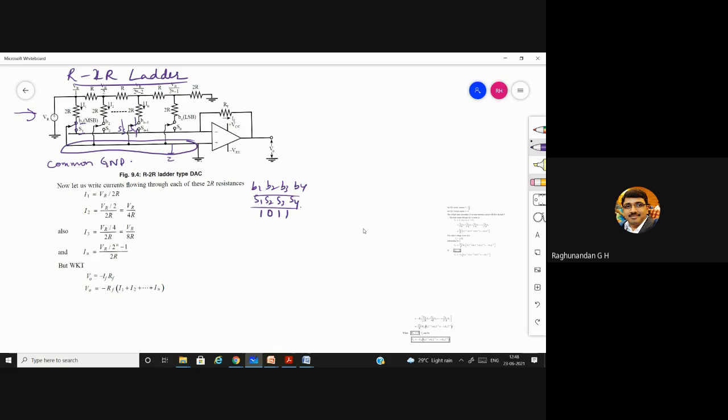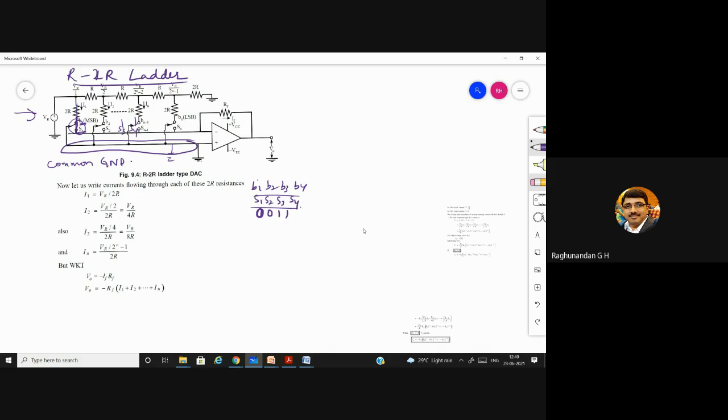So when the MSB is high, during that time, the switch S1 is going to be closed. Then the current will be flowing through this. Whenever B1 is 0, during that time, the switch S1 will be opened.